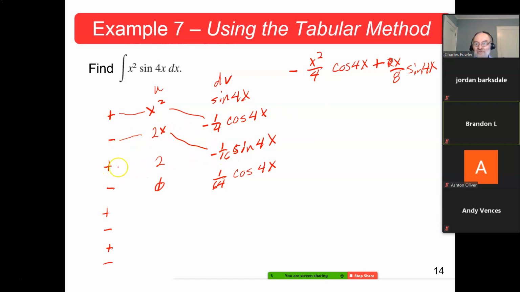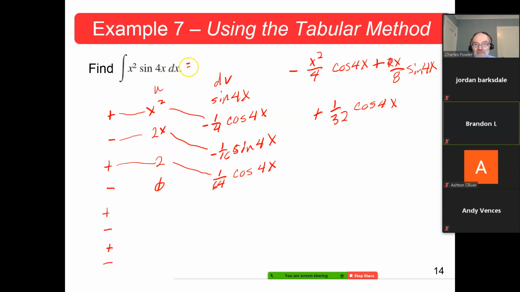Then the next one's going to be a plus 2 times 1/64, so that would be 1/32 cosine of 4x. You do the plus times the 2 times this one, and then the next one's a 0. You stop. So without doing an integration by parts or anything else, you just let the table do the work for you.